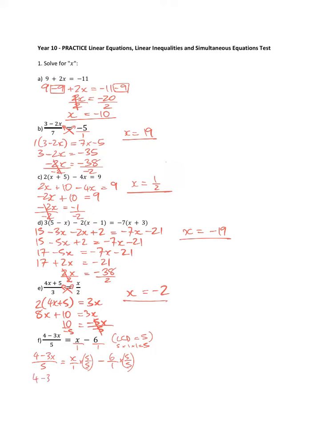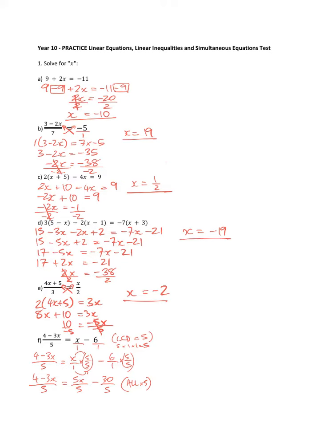So take 3x on 5, top times the top, bottom times the bottom. 5 times x is 5x, 1 times 5 is 5, 6 times 5 is 30, 1 times 5 is 5.